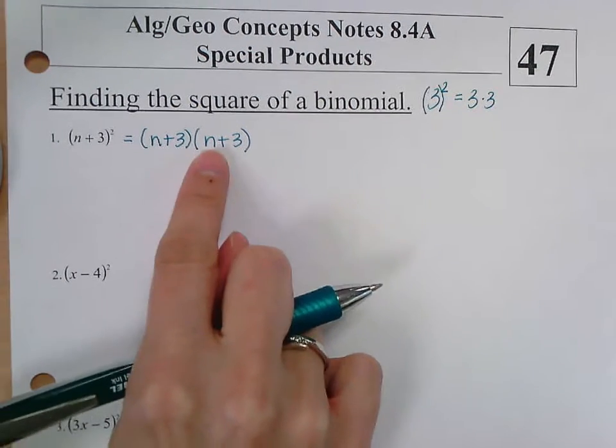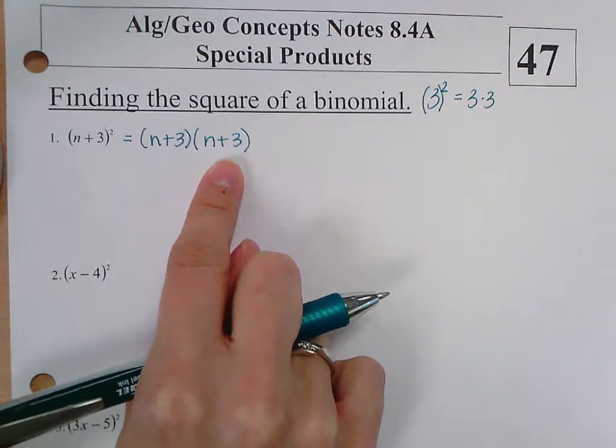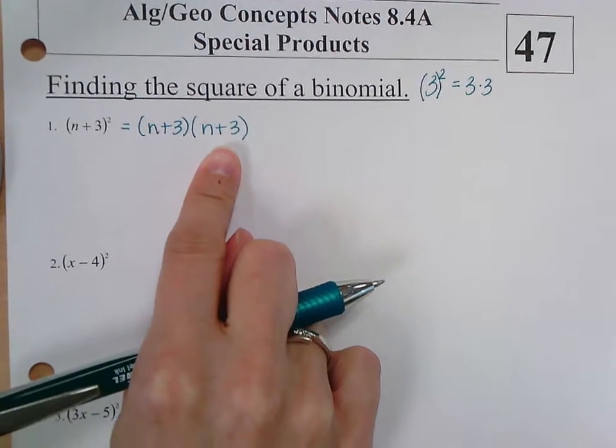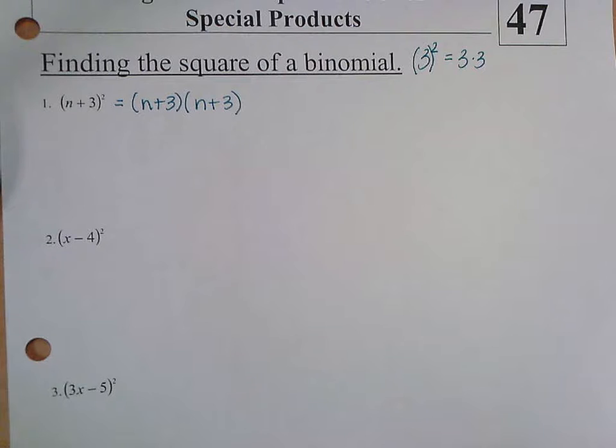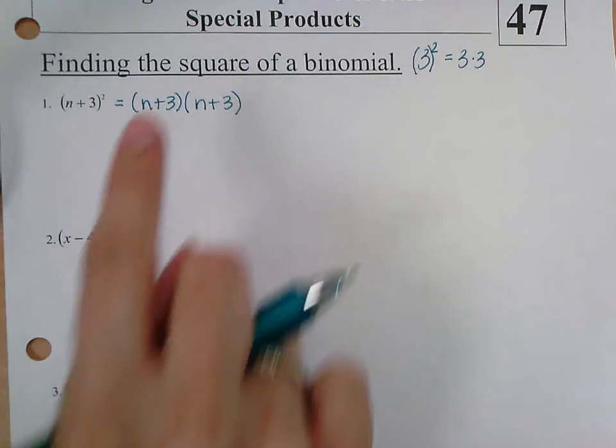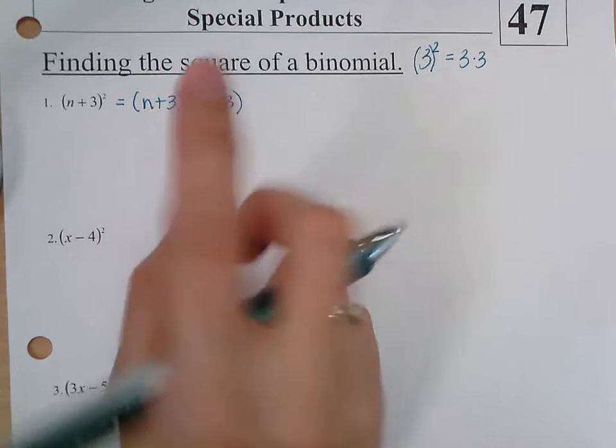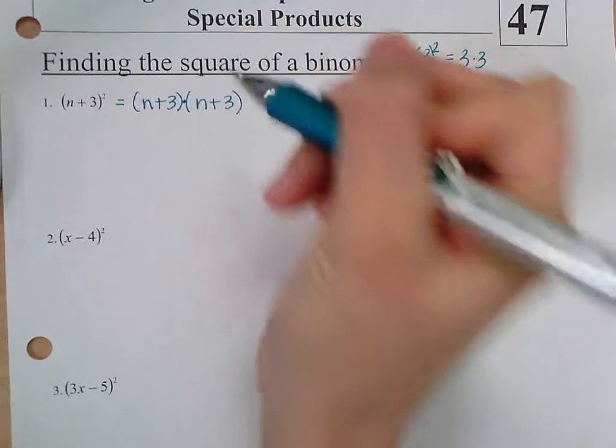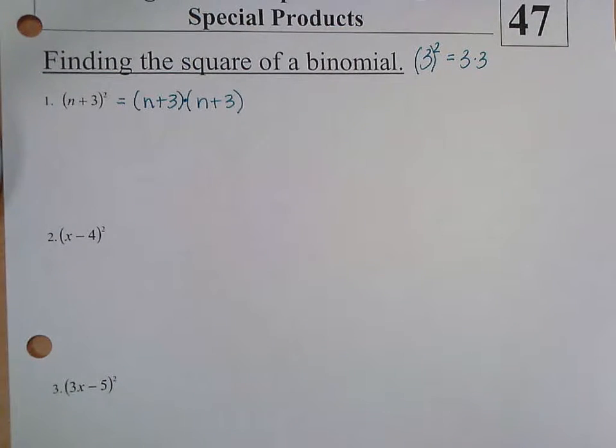What process would you use to multiply these? Or how do we multiply 2 binomials together? Jennifer? Well, before we combine like terms, because we can't combine like terms yet, because these are being multiplied. Nadia? Can you say the letters?